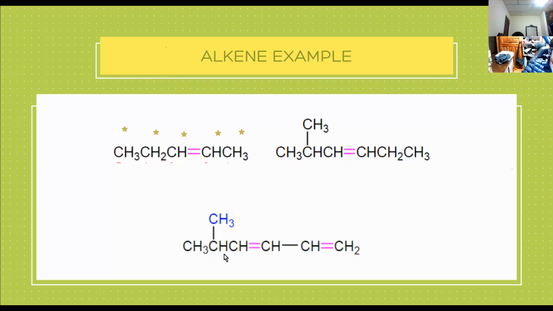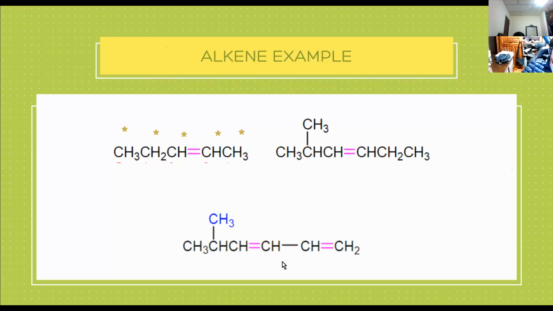Then we count the carbon atoms, that is 1, 2, 3, 4, 5, and 6. Because it has 2 double bonds, we use the di and then the suffix.